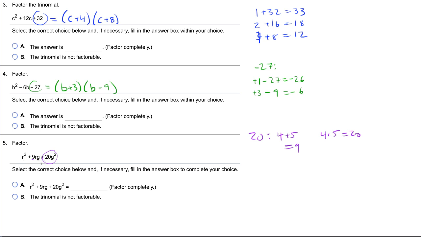Now what about the g squared and the r squared and all of that? Well, we treat them the same, and we'll just take the r, we'll write it there, and it'll be plus 4g. There's a factor of g in there. We split the g up into the front and the rear, plus 5g. So there's some g up front, there's some g in the back. Just like there's some r up front and some r in the back. Great.